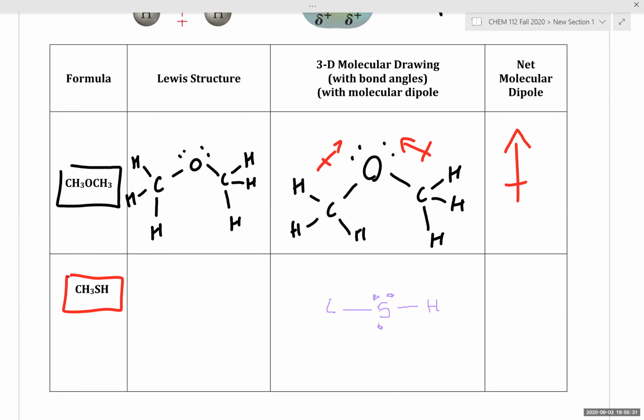The Lewis structure looks good so far. One thing I would note, however, is sulfur. What's the geometry of sulfur? Would someone in the chat like to chime in and help provide input? It's bent, right? So then should we try drawing that sulfur instead of linear a little bit more in a bent geometry? That'll help you see the molecular dipole.